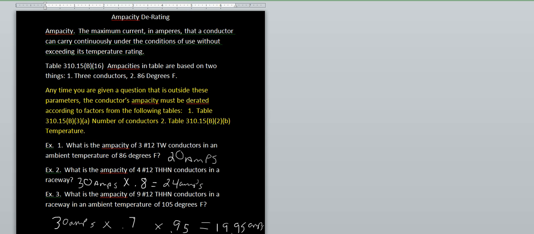And that's your newly derated ampacity of these conductors. Any of those 9 conductors cannot go past 19.95 amps. And that's how you figure ampacity derating.